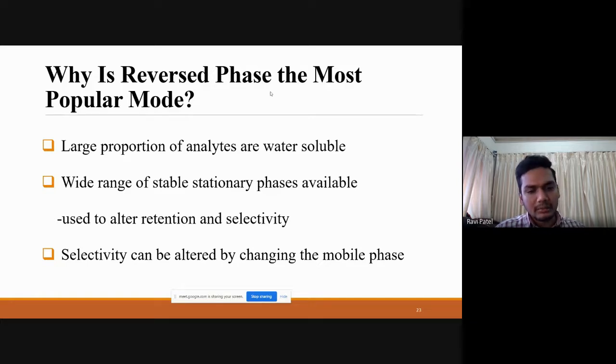Selectivity can be altered by changing the mobile phase, because we have a variety of solvents available when dealing with RP-HPLC, like water, ACN, methanol, and various buffers, because buffers are soluble in water. And for the normal phase mobile phase, we generally use IPA, hexane, which are immiscible with water or any hydrophilic solvent.